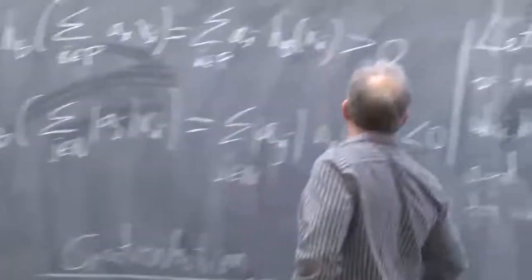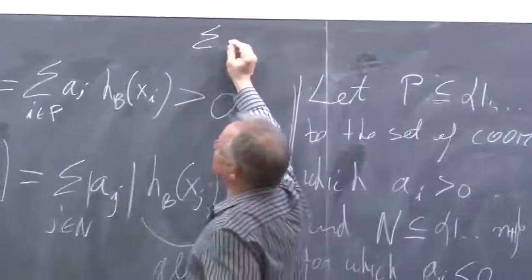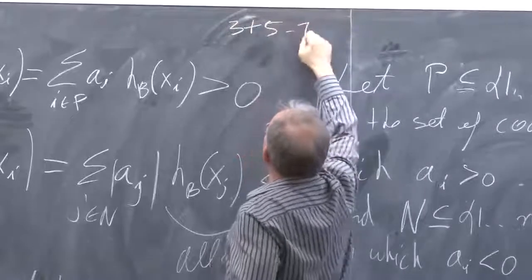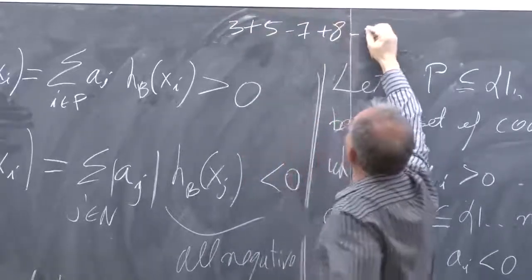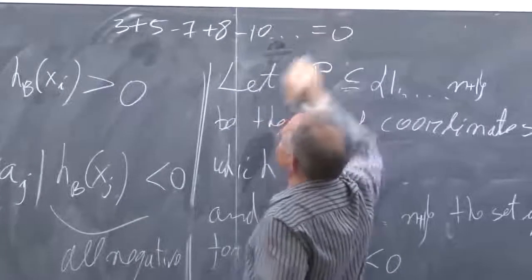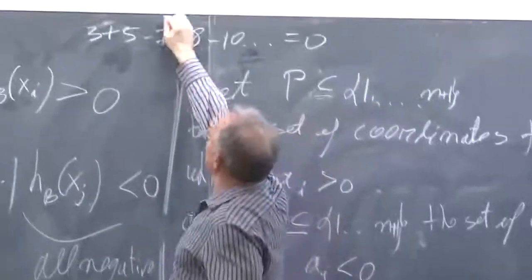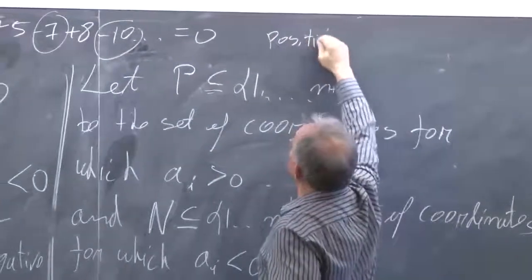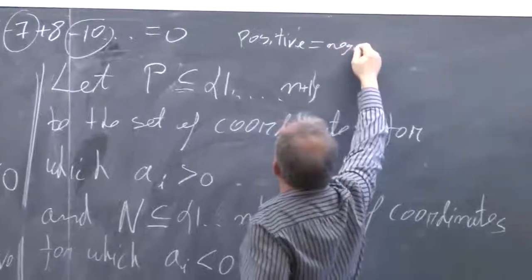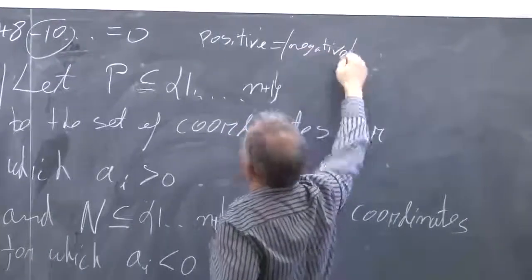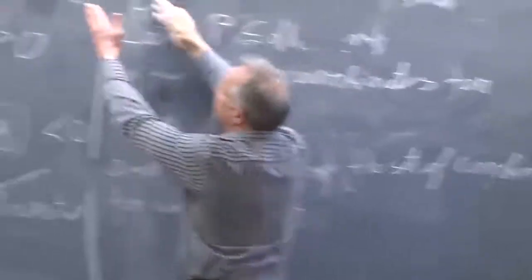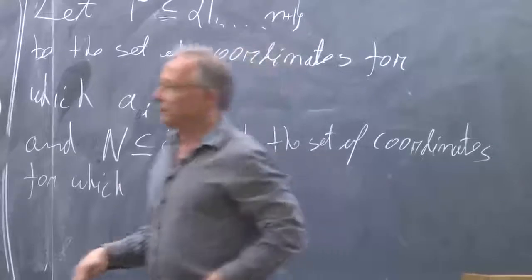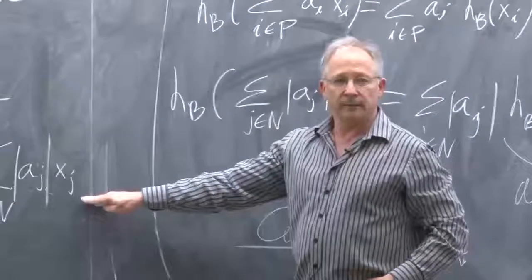If you have a sum, say 3 plus 5 minus 7 plus 8 minus 10, equals 0, then I can take all the negative guys, move them to the other side, and say the positive guys equal the negative ones, but I'll change their sign. They switch sign when they pass to the other side, and it should be equal. So that's how I got this equality.